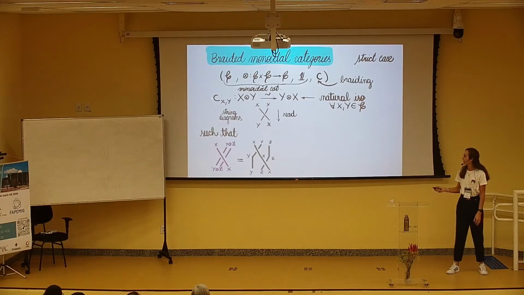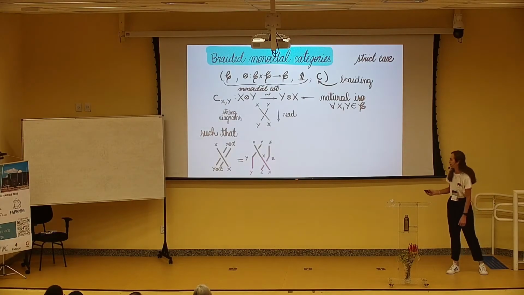If I do c_{x, y⊗z}, so when I put two strings side by side, it's the tensor product. This is the same as doing first c_{x,y} tensor the identity on z, and then doing the identity on y tensor c_{x,z}.